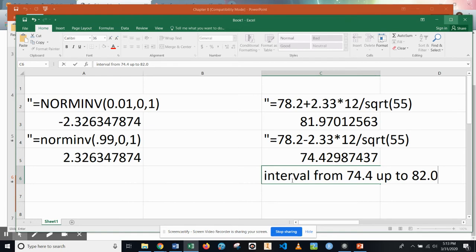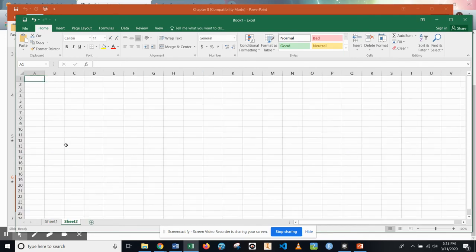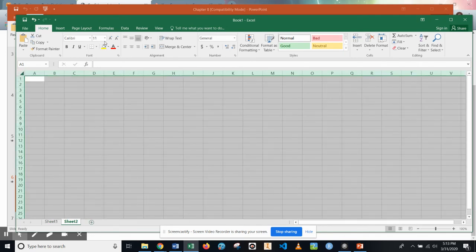You basically have four numbers that you have to interchange, and the z-score is one that you're going to have to find, but we just found one. So I'm going to add another sheet, and I'm just going to make a z-score table.